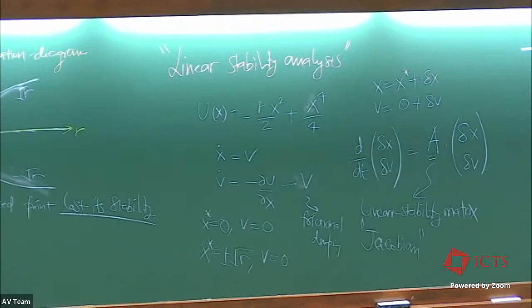Excuse me, I have one doubt. How is the fixed point square root of r in this case? So I'm trying to solve rx minus x cubed equal to 0. There's one obvious solution, which is x equal to 0, and the other solution is x equal to plus minus root r. But if we solve the first equation, which is x dot equals minus rx squared by 2 plus x to the fourth by 4, in that case we will get square root of 2r, right?